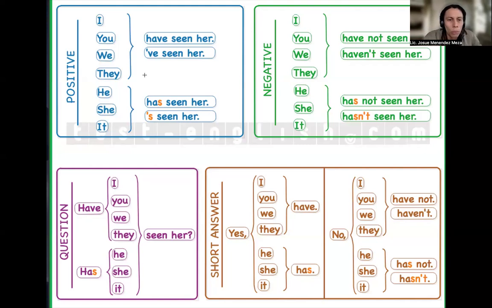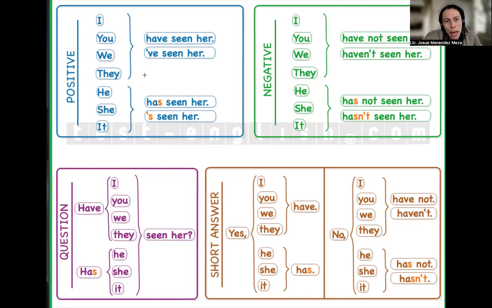You have to put the right pronoun with the right form of the auxiliary verb have. So you use pronoun plus have or has plus the past participle of the verb. In this case, we have seen, that is the past participle of the verb see, now seen.